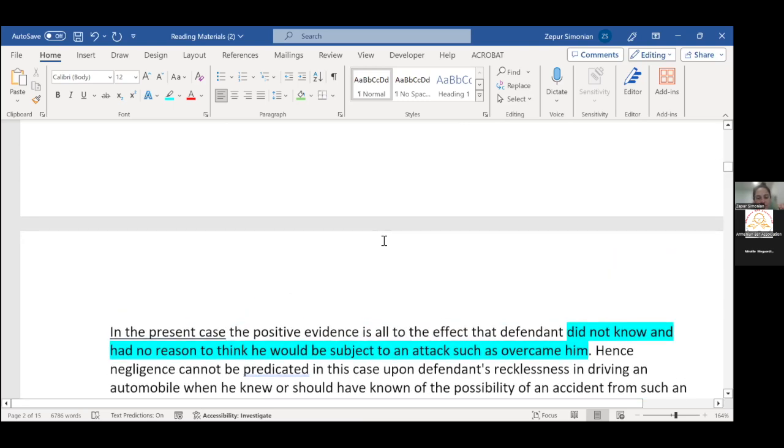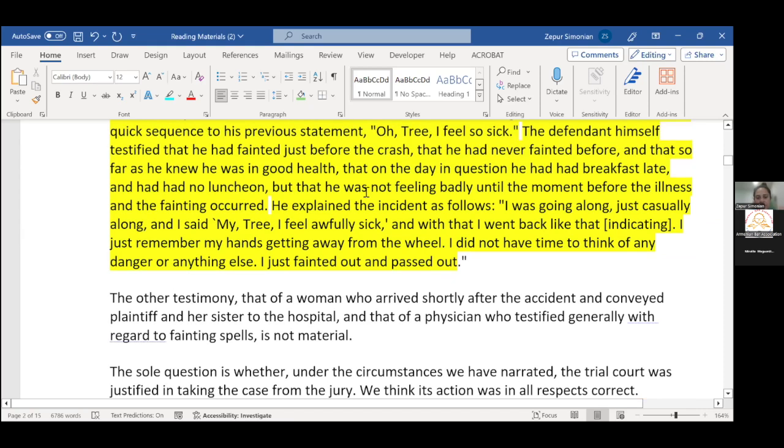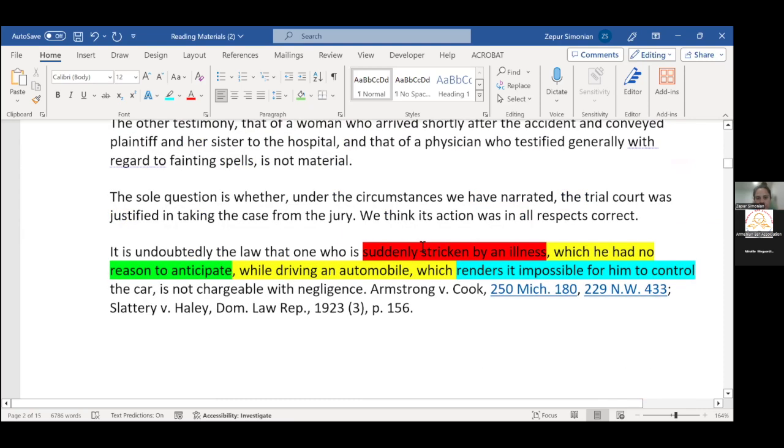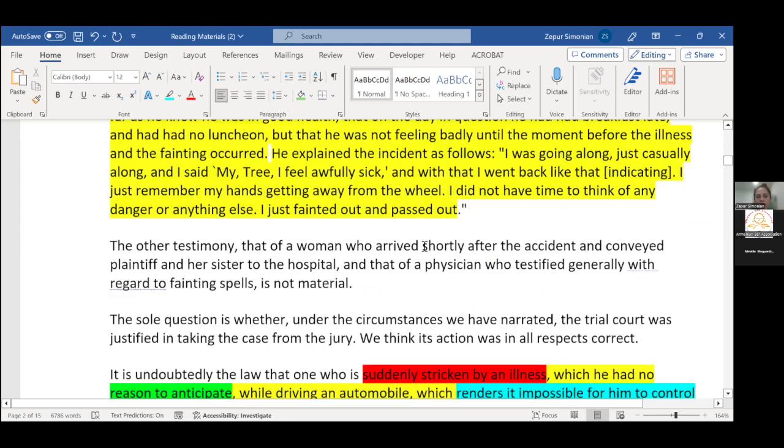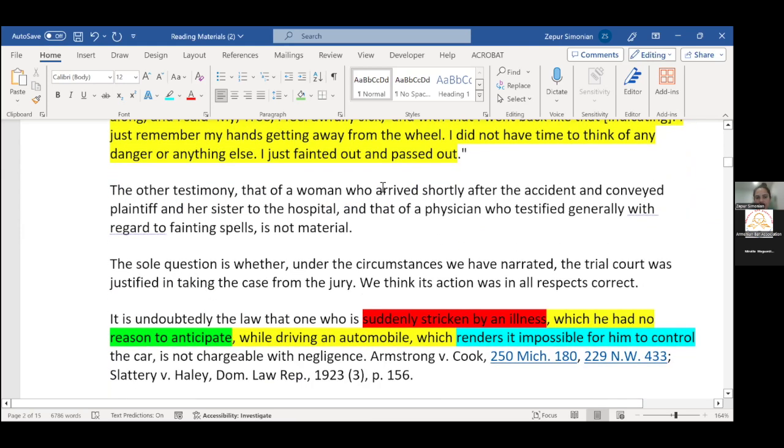What I want you to see is the matching of the facts to the rule. So: suddenly stricken by illness, no reason to anticipate, which causes a loss of control. I could go to each fact and match it up with each element. That's your job when you are briefing.